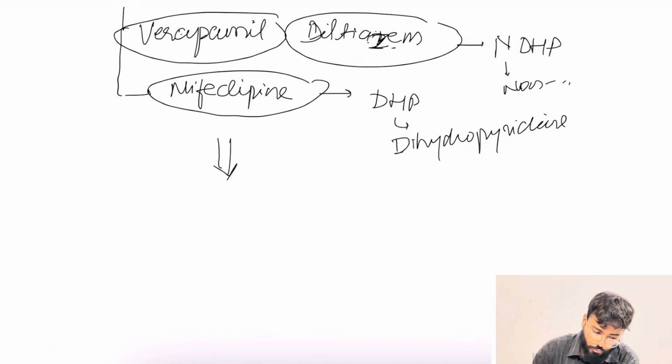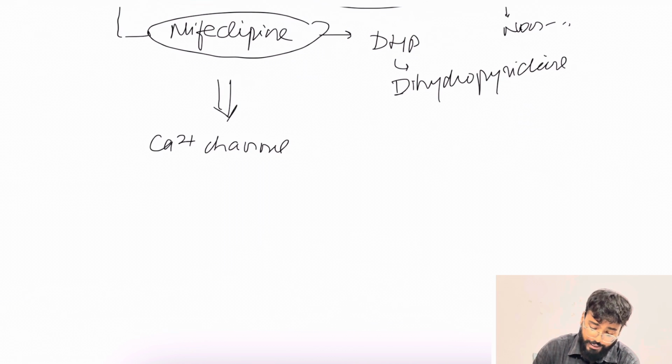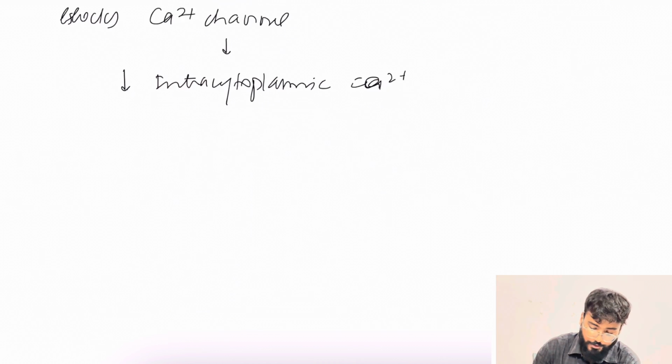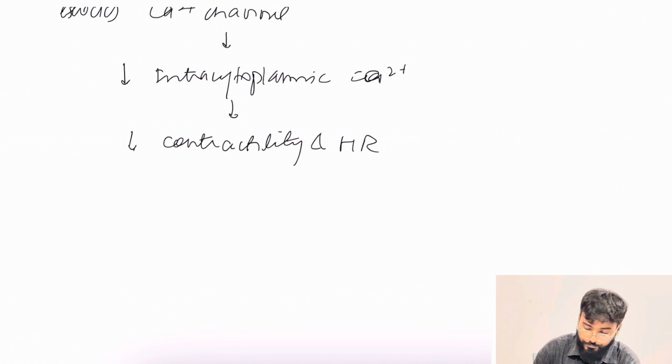So how are they actually going to work in order to reduce the heart contractility and heart rate? These agents are going to target those calcium channels. They are going to block them, which in turn causes decrease in intracytoplasmic calcium ion, which in turn decreases contractility and heart rate.